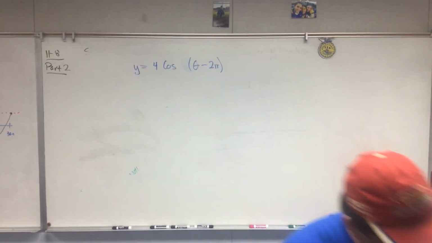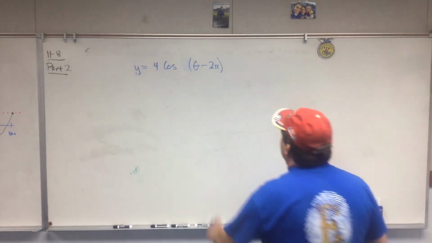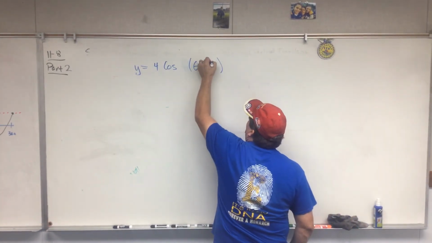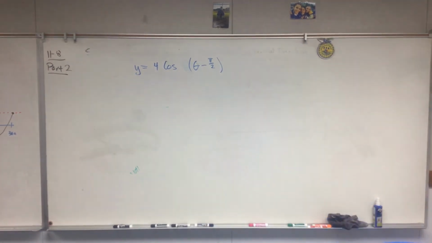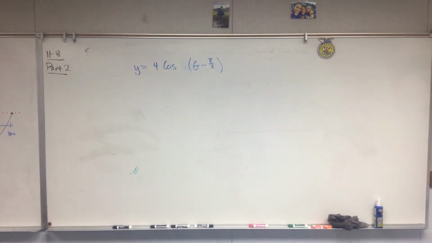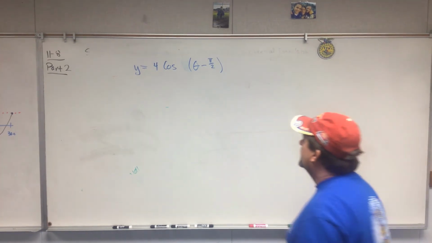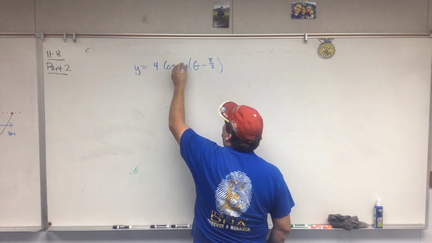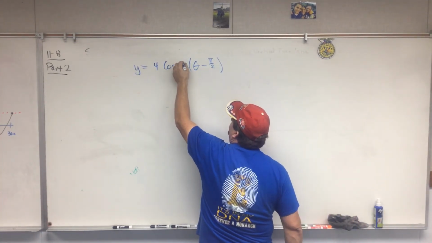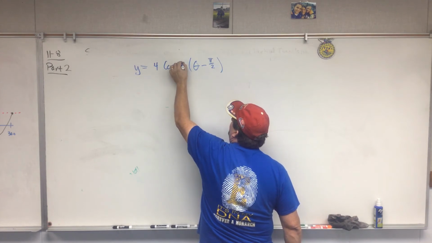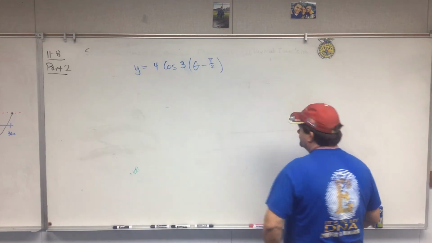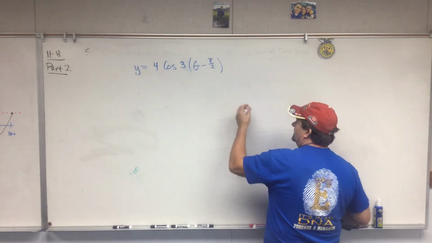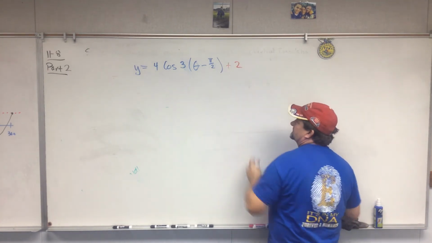Let's change this, guys. Pi over 2. I'm trying to come up with problems that you're going to see on your homework. They go with pretty nice numbers, so we'll just call this 3. Okay. And then we're going to do plus 2.